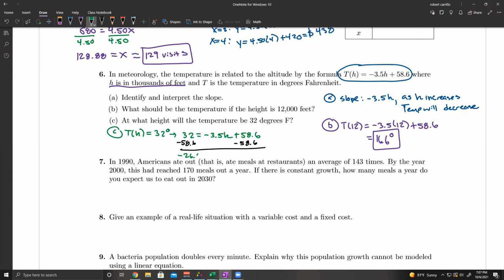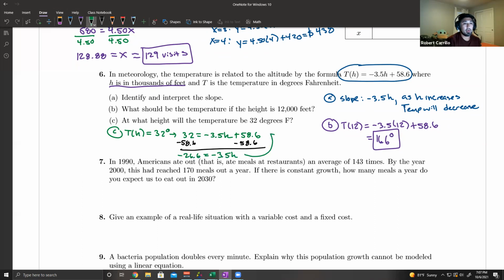Negative 26.6 equal to negative 3.5 H. And then we will just divide by what to solve for H? Negative 3.5. So you'd have negative 26.6 over negative 3.5 equal to H. And what does that give me?